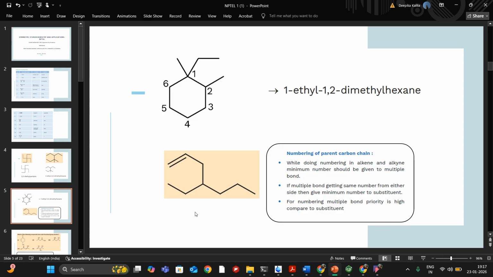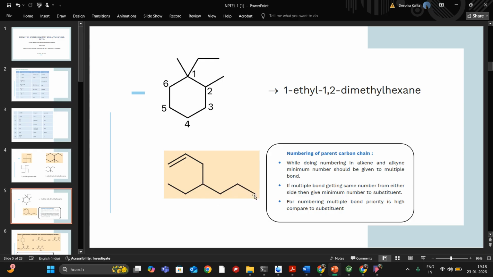That means the multiple bond will always get a higher priority than saturated hydrocarbon. Hence if we have to choose the parent carbon chain here, we must start it from the multiple bond. It will start here 1, 2, 3, 4, 5, 6, 7.